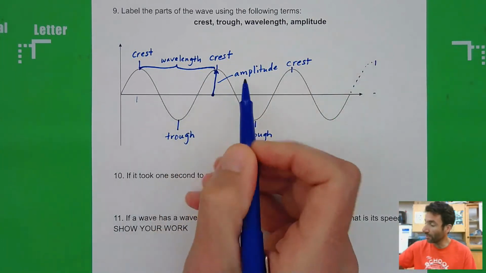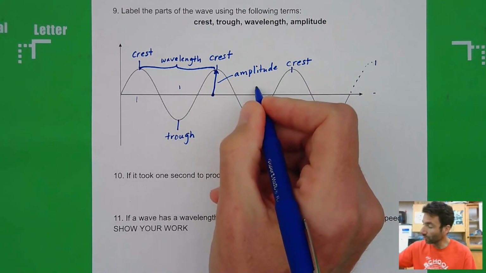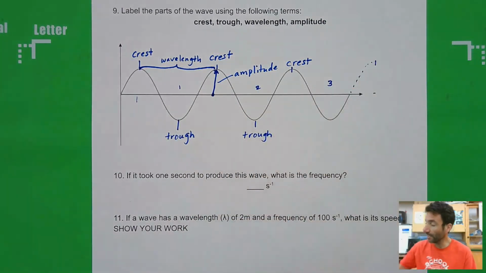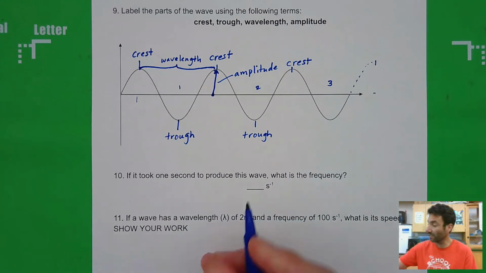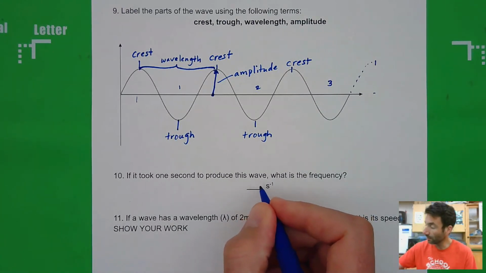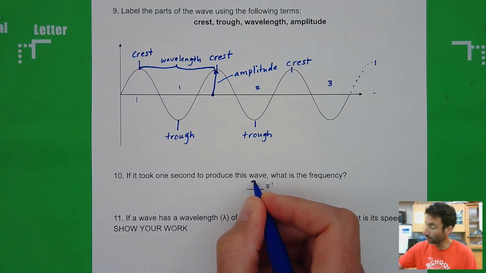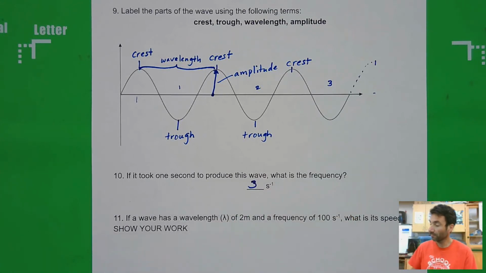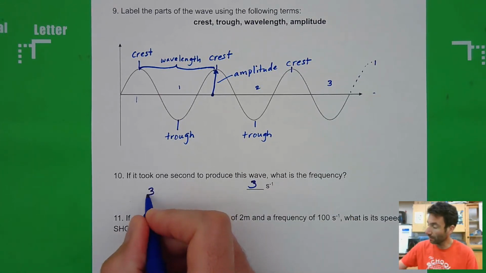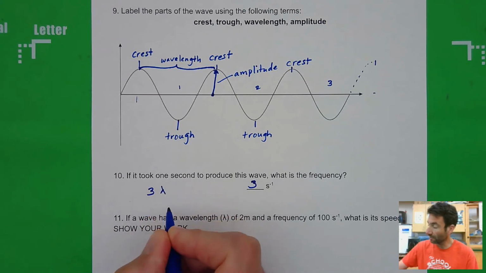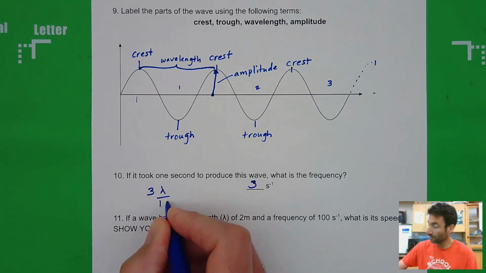So 1, 2, 3 wavelengths per second. So our frequency is 3. All right, 3 wavelengths in 1 second.